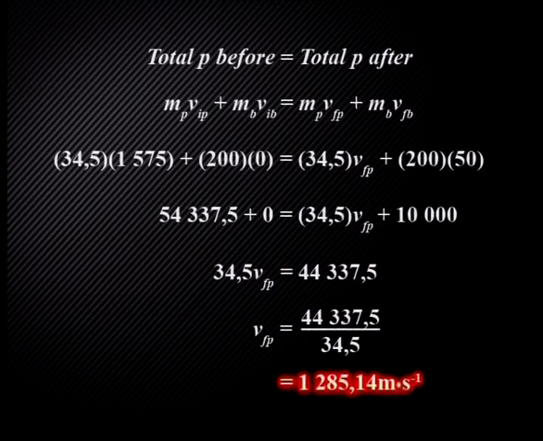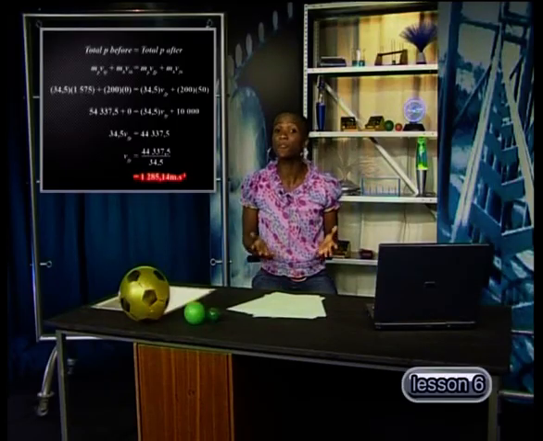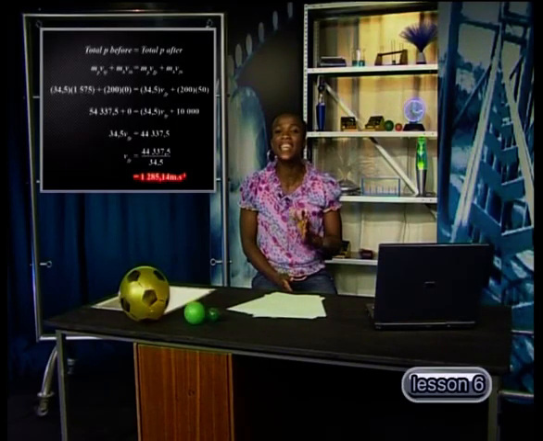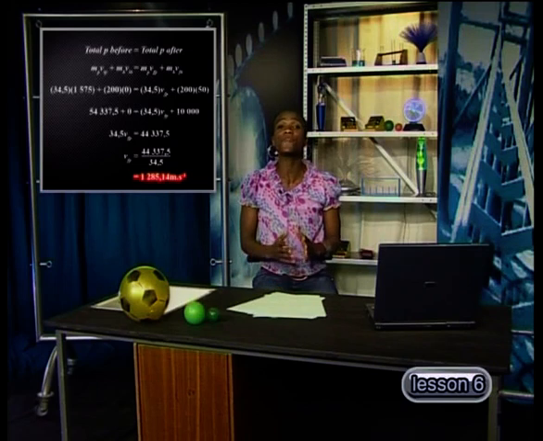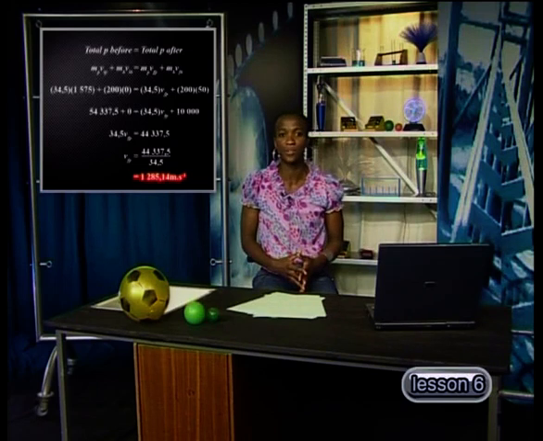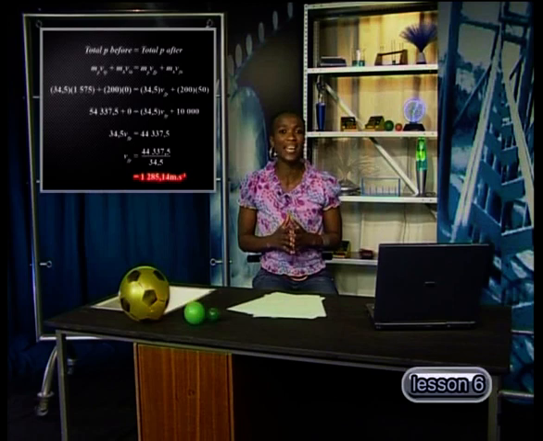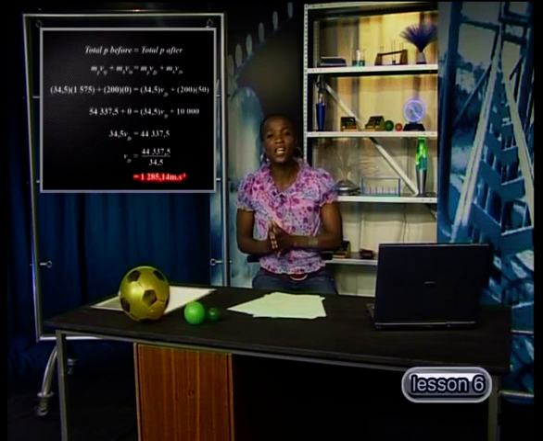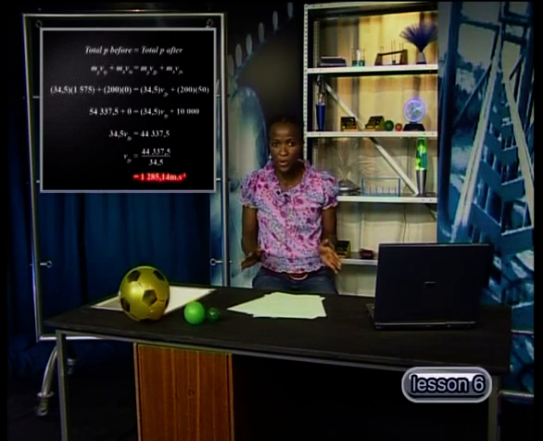Lastly, solving for the projectile's final velocity, we see that it is equal to 1,285.14 meters per second. We now have enough information to calculate the kinetic energy of the system before and after the collision. It's important to remember that the before and after calculations must be done separately.